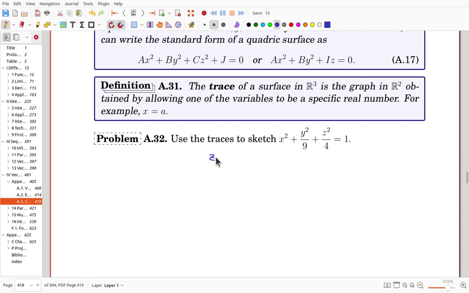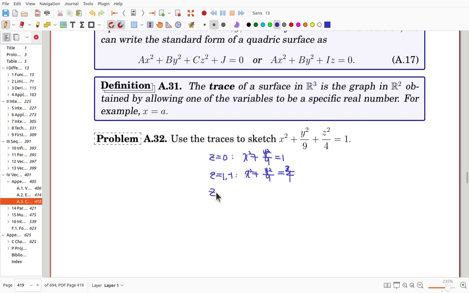Once z equals 0, then the equation becomes x squared plus y squared over 9 equals 1, which is an ellipse. And now once z equals 1 or minus 1, then that will become a quarter, so that x squared plus y squared over 9, the quarter is moved to the other side, which makes the right side 3 over 4.